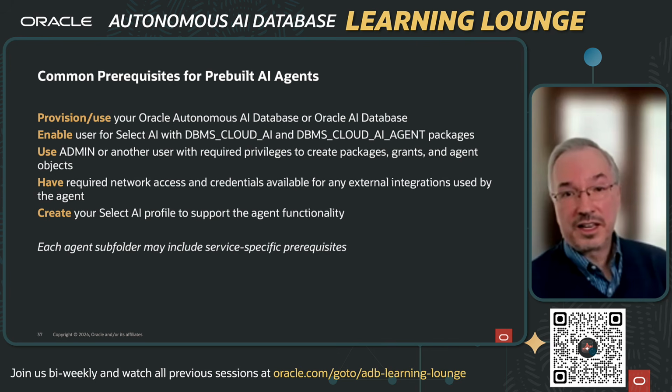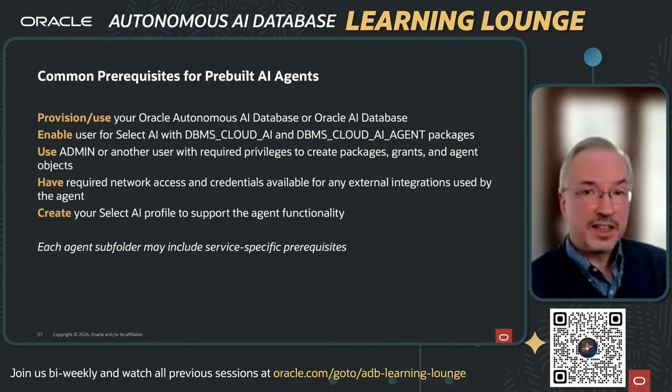Now, depending on the agent, you'll need to have network access and credentials available for any external integrations used by the agent, the tools in particular. And then create your Select AI profile to specify the AI provider, LLM, and other attributes as needed by your agent. Recall that we showed an example of an AI profile specification earlier in the session.